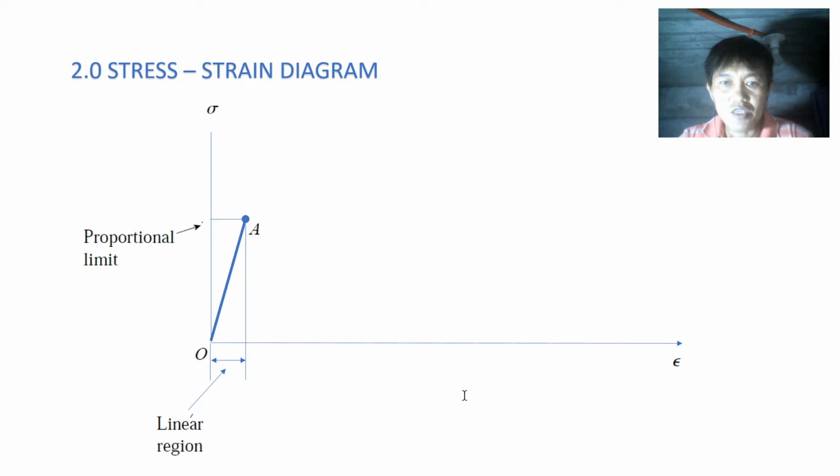Beyond point A, the proportionality between stress and strain no longer exists. Hence, the stress at A is called the proportional limit.